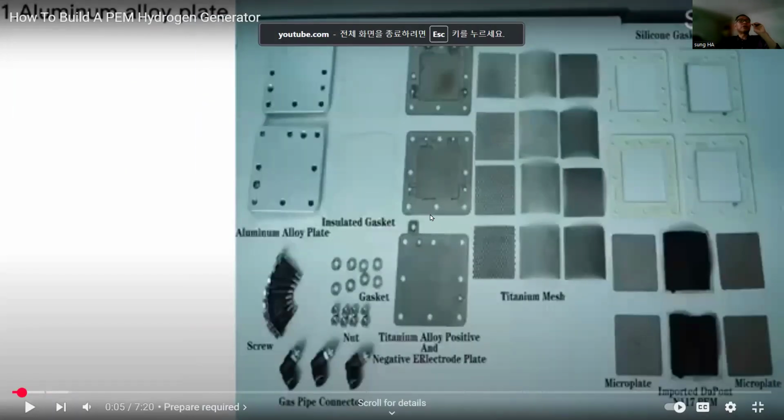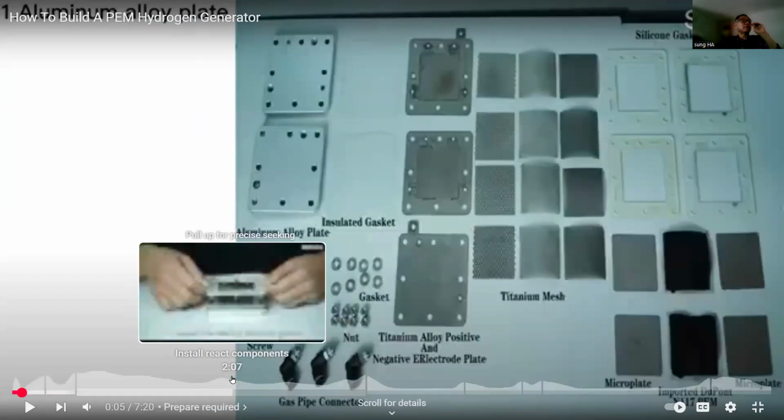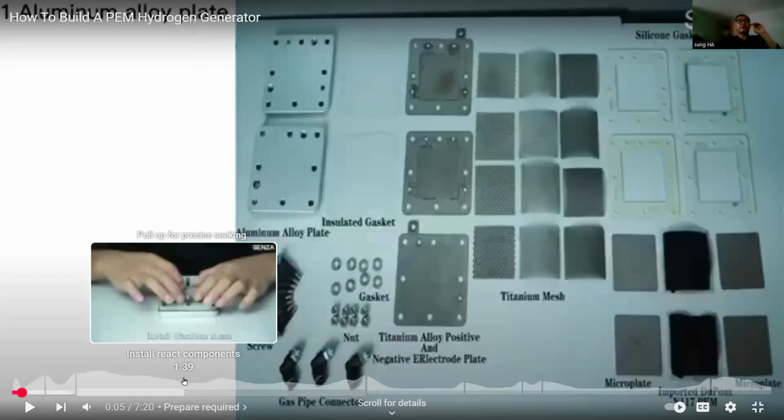Again, this YouTube video is giving us the practical way of assembling a PEM. So let's take a look at about 5 minutes of how we can make this simple PEM hydrogen generator.